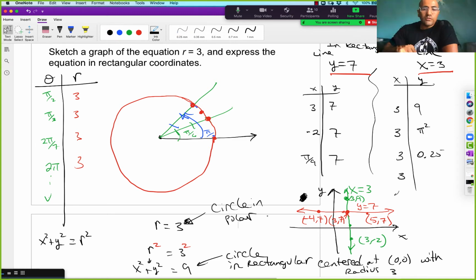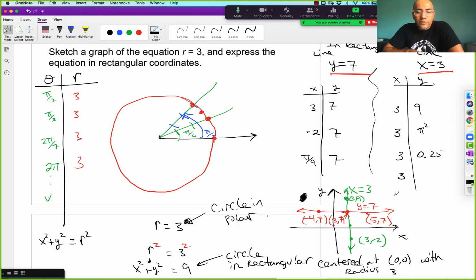So a circle in polar looks a lot simpler than a circle in rectangular, right? I think you'll find that in general, graphs of things that are really curvy and complicated, with a lot of curves to them, tend to be a little easier in polar to explain. The fact that you're rotating through angles automatically makes those kinds of equations a little bit simpler to express than they are in rectangular for the most part.